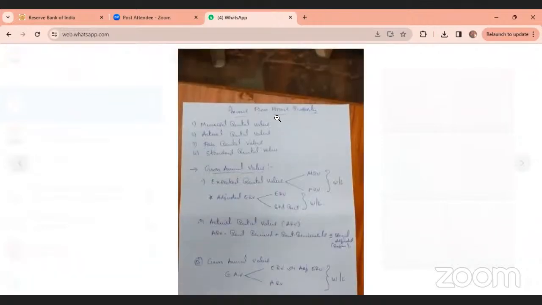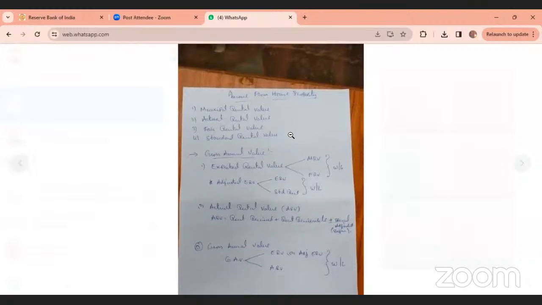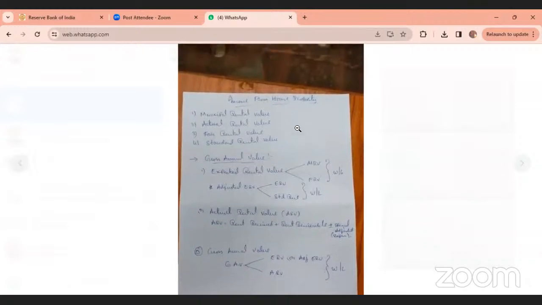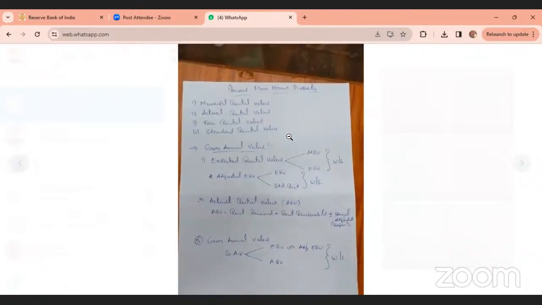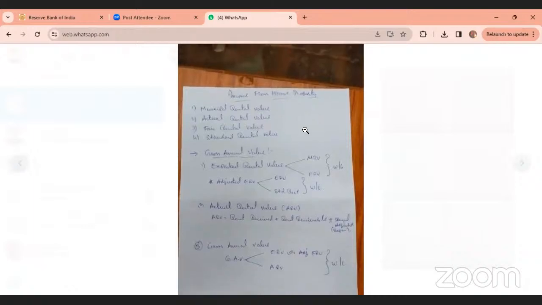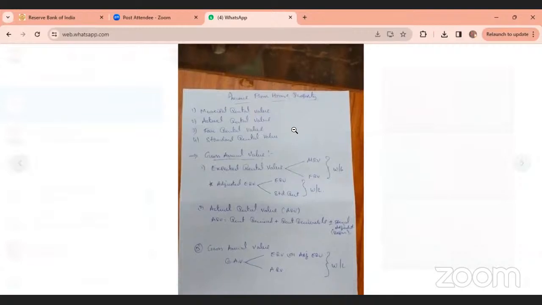What is the meaning of municipal rental value? As per the municipal corporation, the amount decided is called the municipal rental value. Next, actual rental value: how much amount you received is called actual rent.